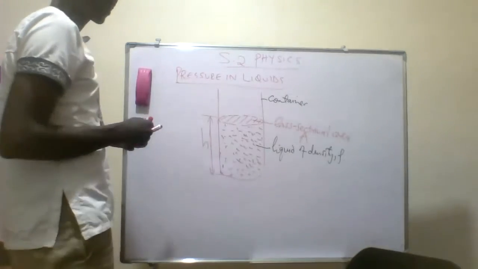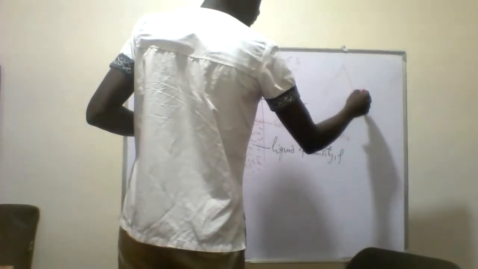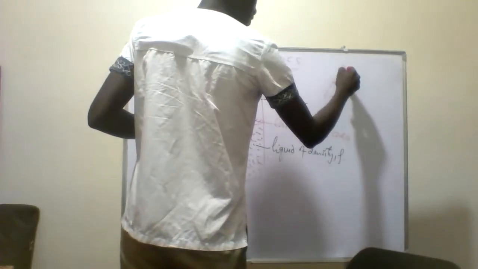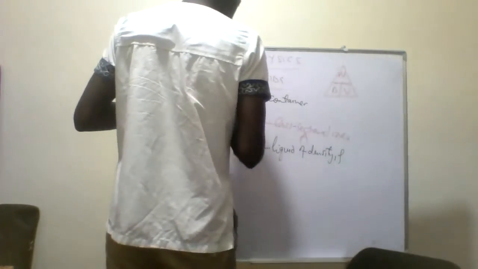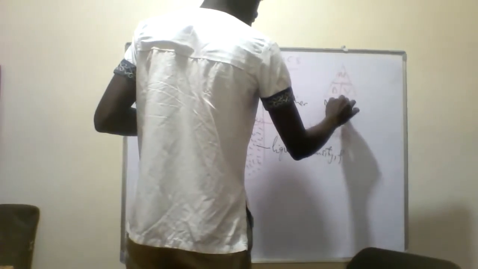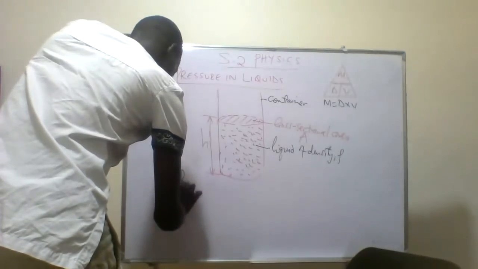And to get the mass, we remember very well this triangle. This is mass, this is density, and this is volume. So we remember that mass is given by density times volume. In this case, we shall first of all get the volume of that liquid.